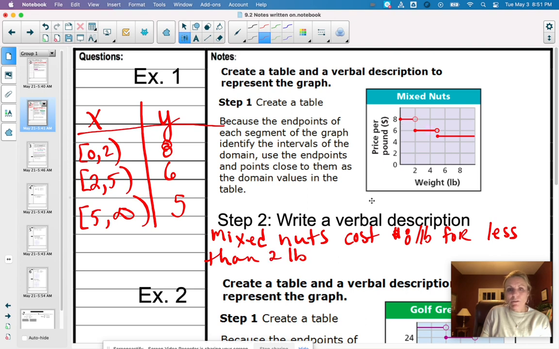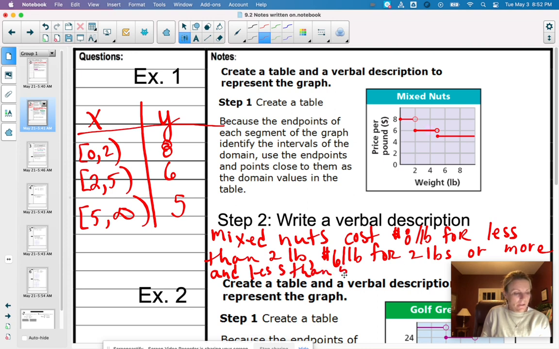That's what's happening here. And $6 per pound for 2 pounds or more, and less than 5 pounds.